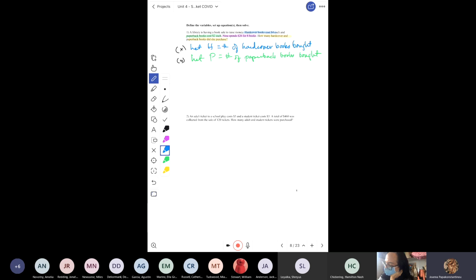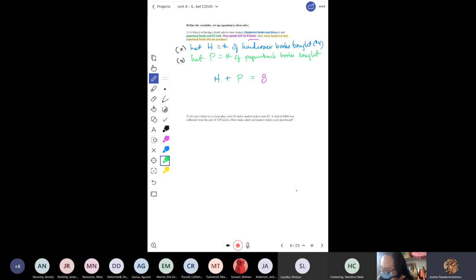Now, Nina spends $26 for 8 books. So the number of hardcover books plus the number of paperback books equals how many? 8, right? The number of H plus the number of P equals 8. She bought 8 books. She spends $26. Now I know that the hardcover books cost how much? I like to write that next to my variable.